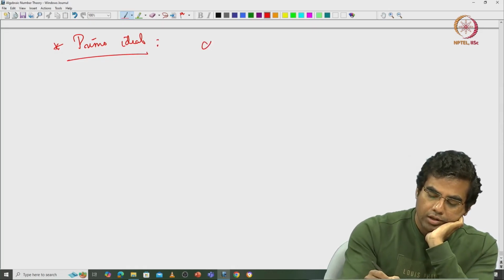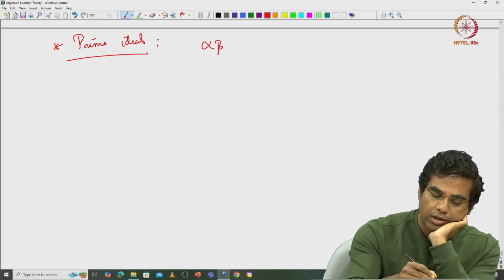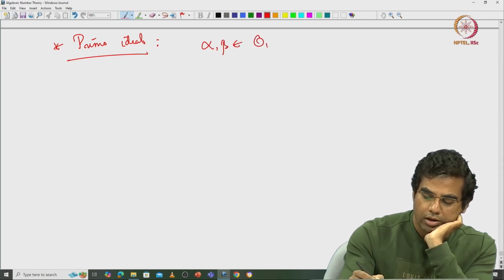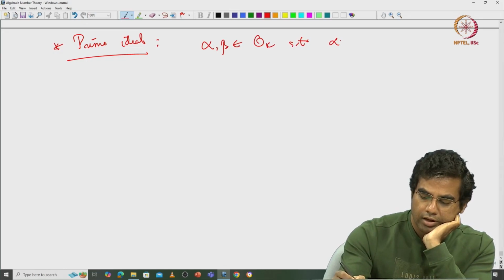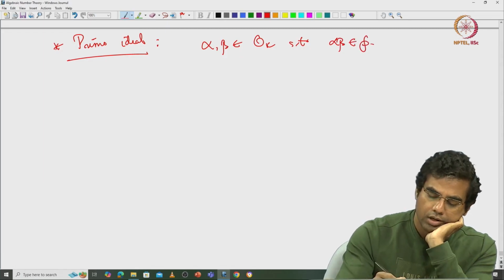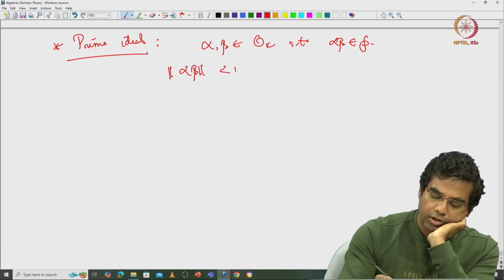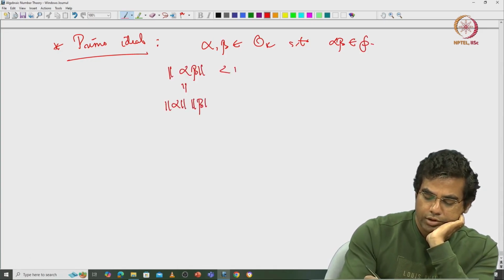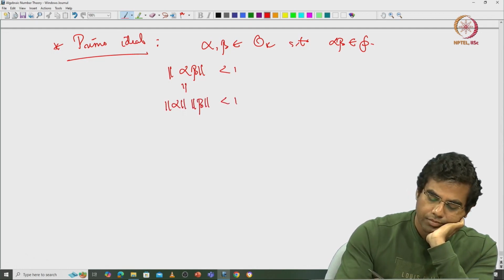What does that mean? If alpha, beta are two elements in OK such that alpha beta belongs to P, then the valuation of alpha beta is less than 1. But on the other hand, this is equal to the valuation of alpha times the valuation of beta, right.